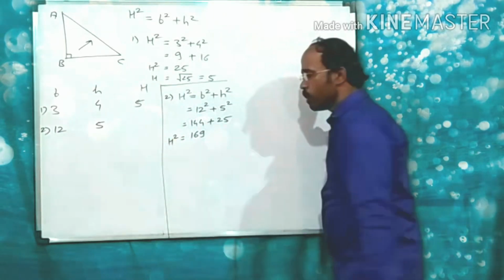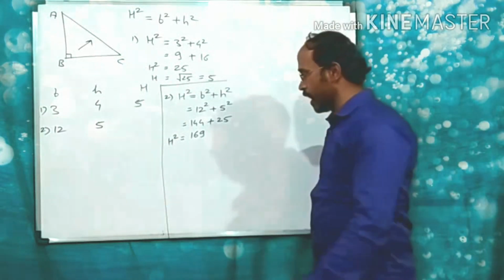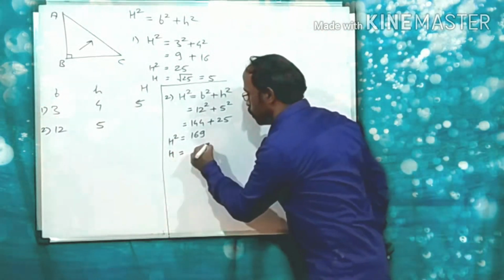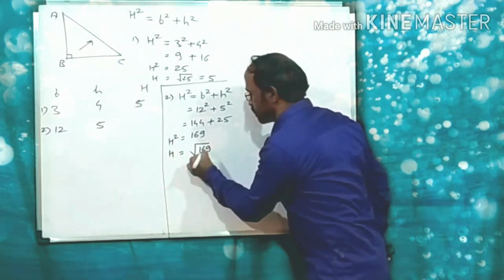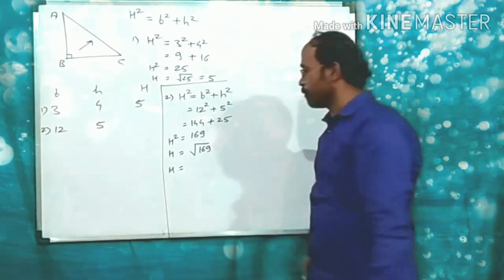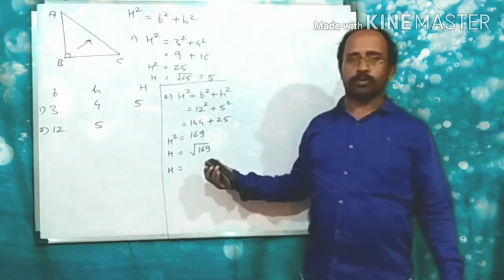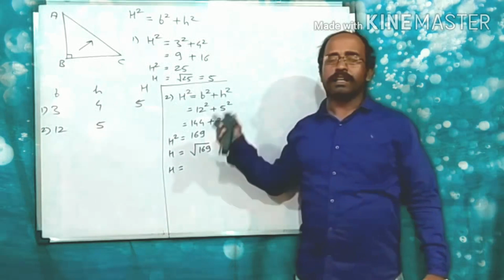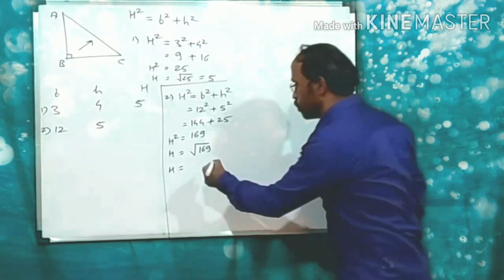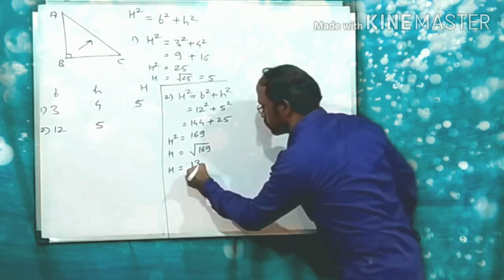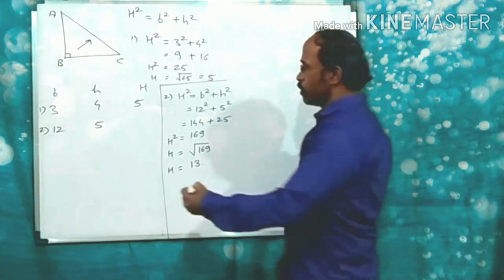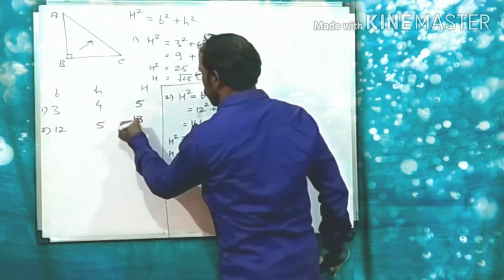Hypotenuse square is equal to 169 and hypotenuse is equal to square root of 169. And is it possible to find the square root of 169? The answer is yes, and the square root is equal to 13. Okay students, so here hypotenuse is equal to 13.